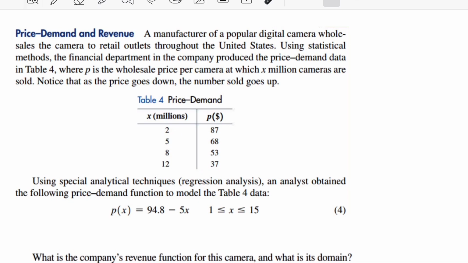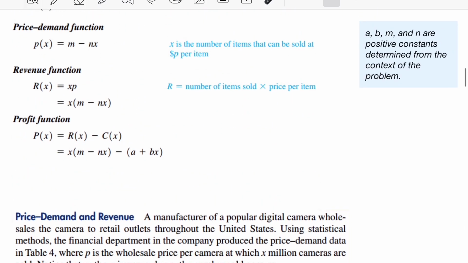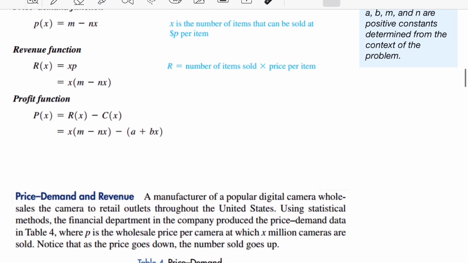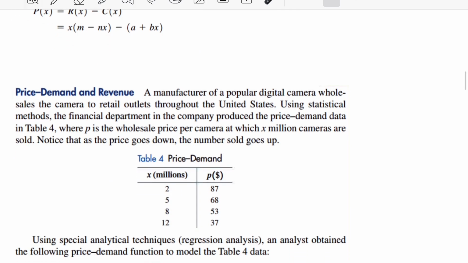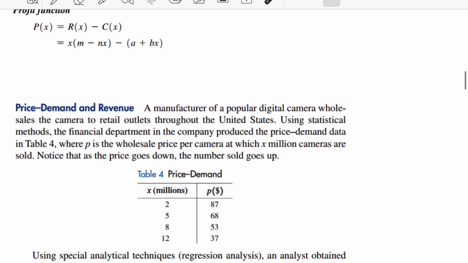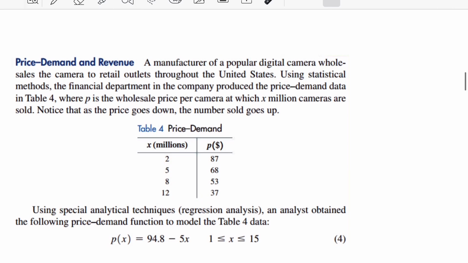And something to note here is that as the price goes down, the number sold goes up. So we have our price demand function here, so our P of x, and looking at that, we see that our m is 94.8 and our n is 5 here. So as x increases, this value decreases.